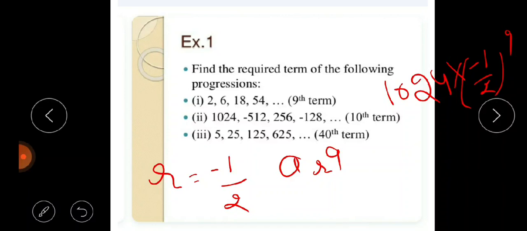Now next part, that is 5, 25, 125. So its first term is 5 and second term 25. So what is R? This is 25 upon 5, that means 5.